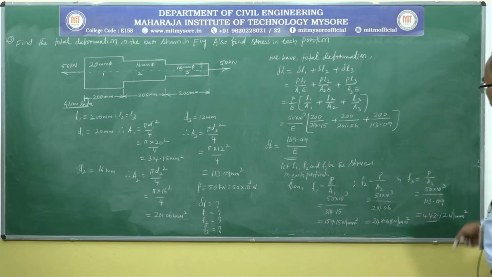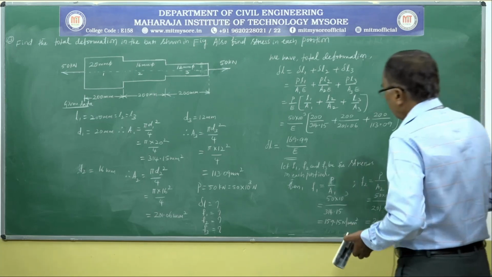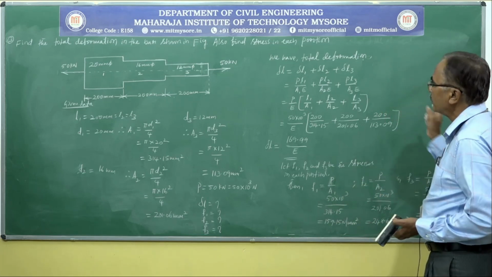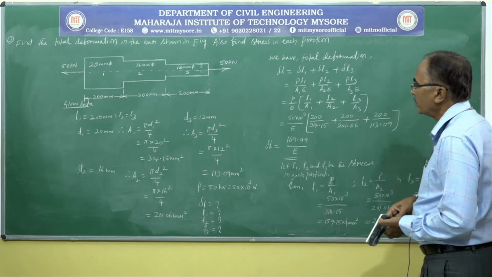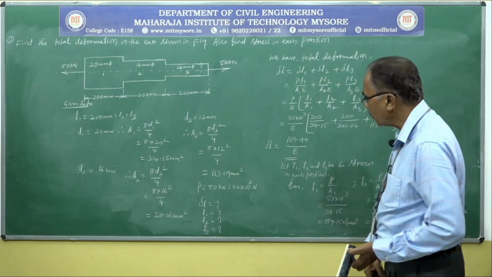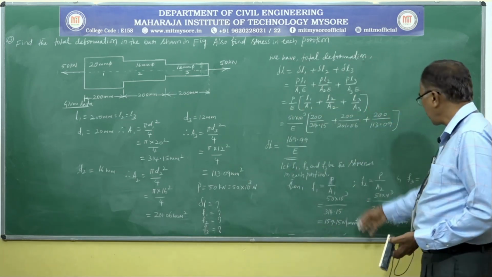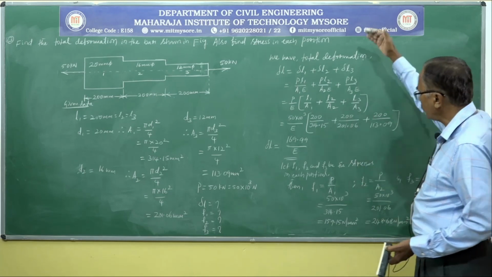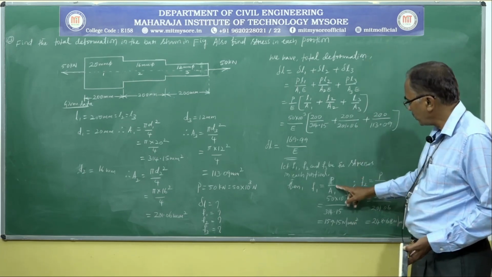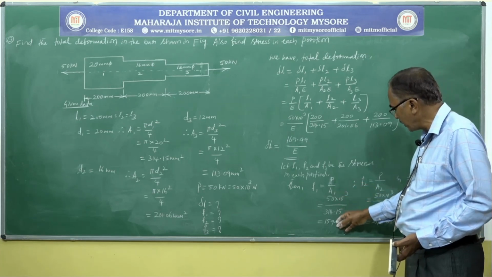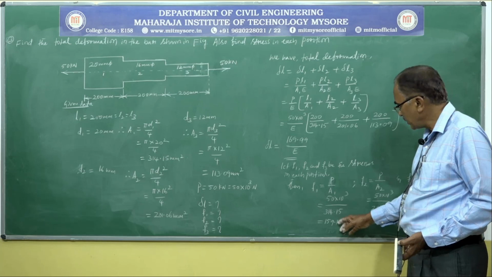So, like this we can work out the total deformation and stresses in each portion. Here, while solving the problem, I have written F1, F2 like this because of space constraint. Better you write the expression F1 first, F1 is equal to P by A1, substitute values, calculate results, and write.